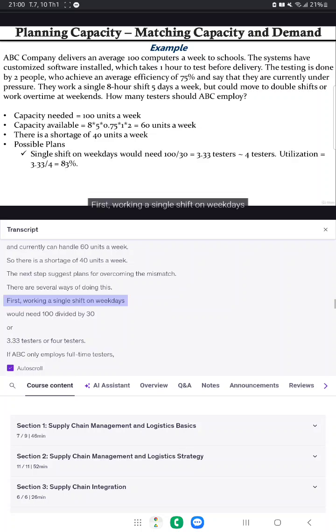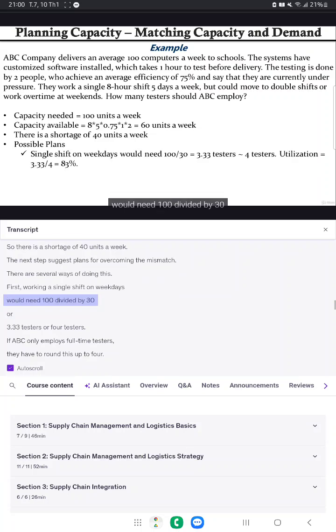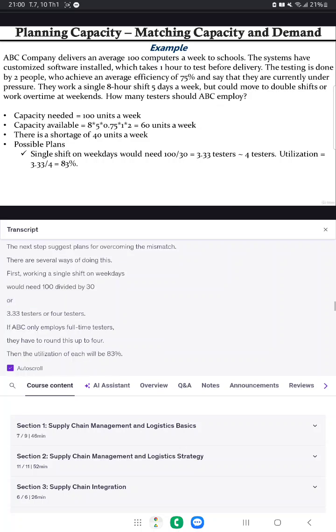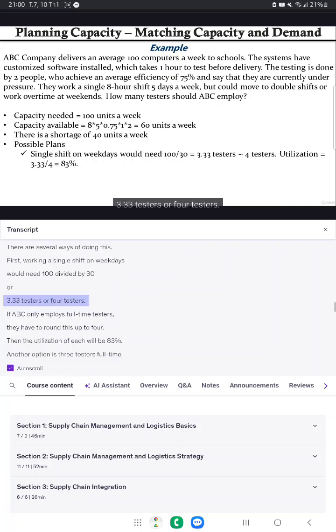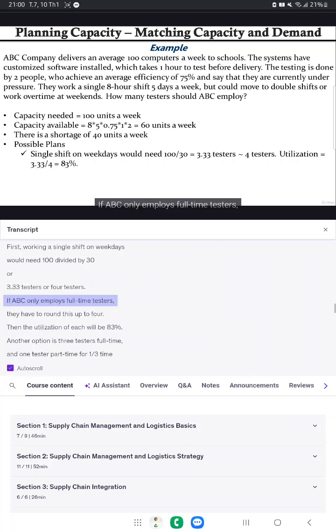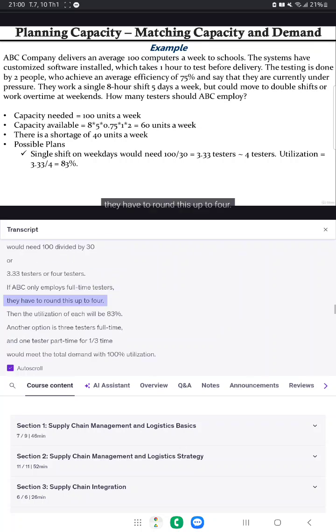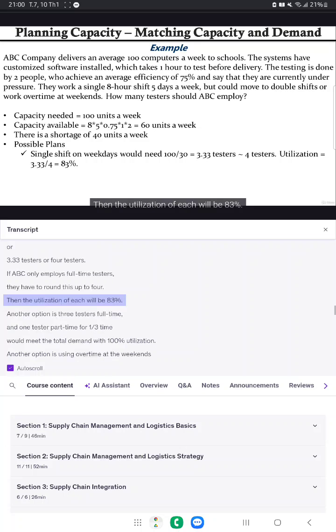First, working a single shift on weekdays would need 100 divided by 30, or 3.33 testers, or 4 testers. If ABC only employs full-time testers, they have to round this up to 4. Then the utilization of each would be 83%.